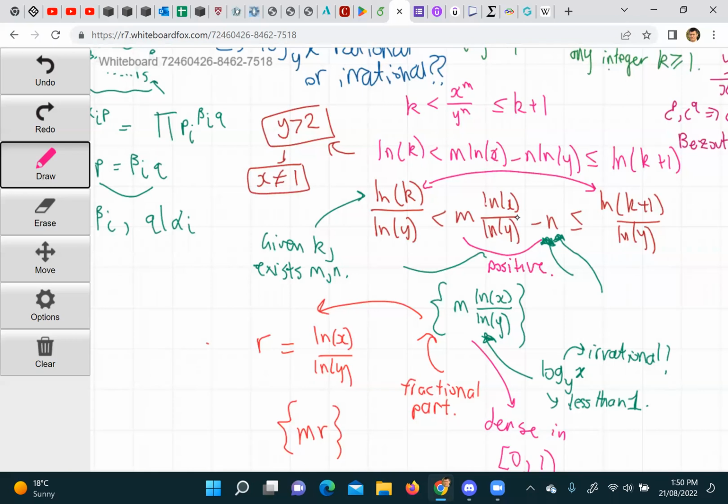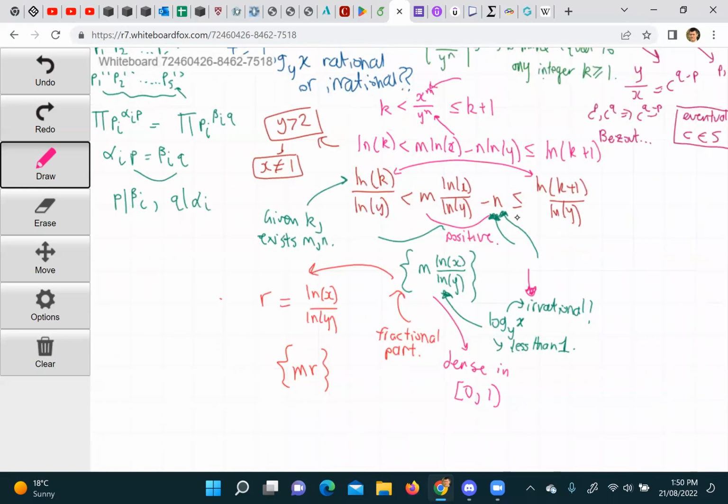So it's complete free choice of m and n. At the moment it's all m and all n. The thing is that if the fractional parts work, when you say it's dense, you mean as m varies. So it's the set of fractional parts, the curly braces.